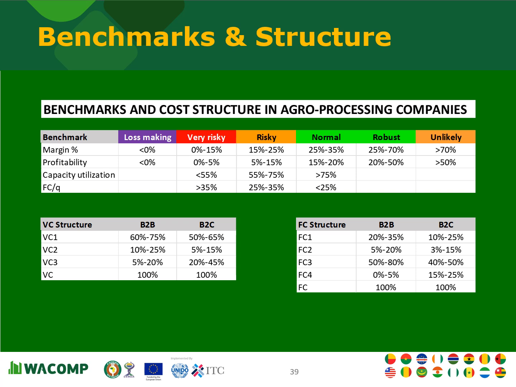Typical B2B FC4 is between 0 and 5%, but for B2C, FC4 can be 15 to 25%. That is the reason that you should differentiate between B2B and B2C.